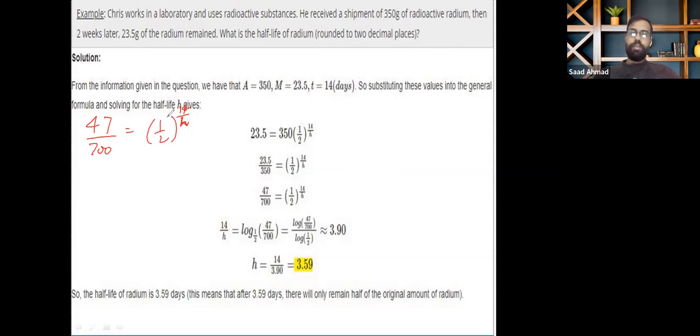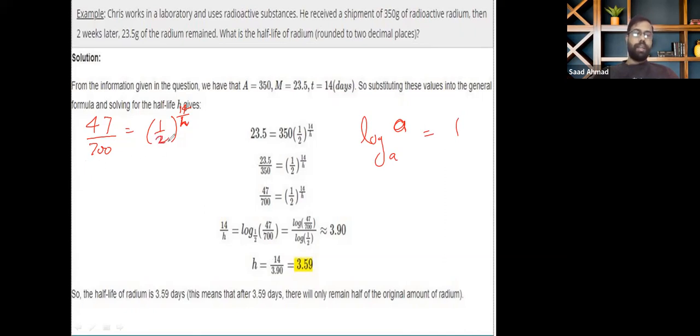So now what we should do is, okay, if you take log base a of a, whatever the a is, the answer is 1, right? So what they did is they took the log base 1/2 on both sides.